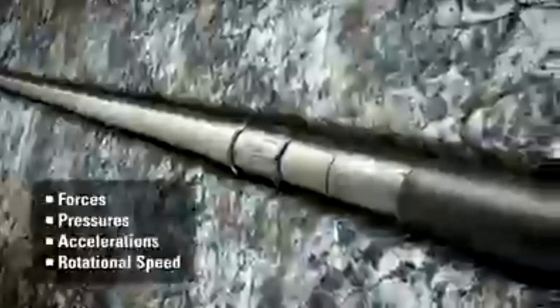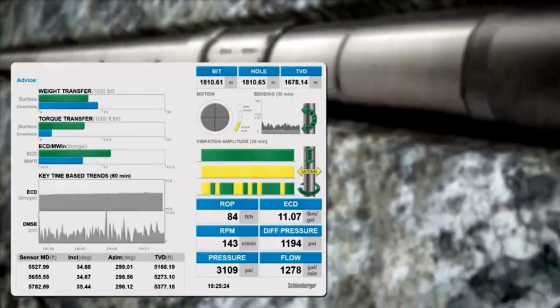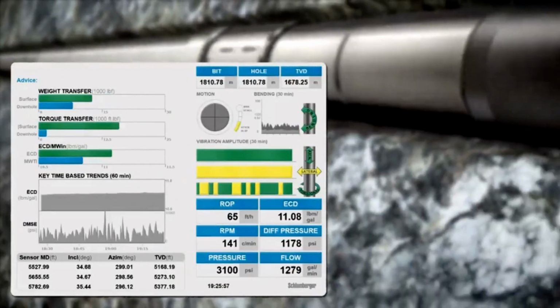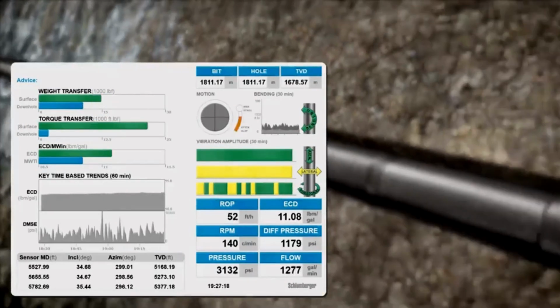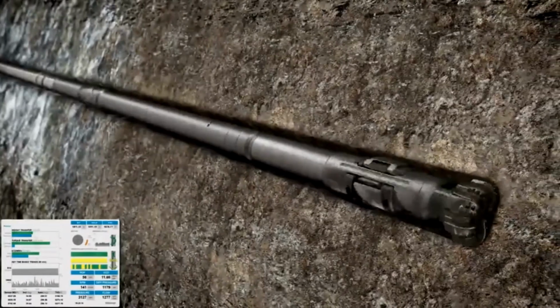This service integrates data from the downhole sub with data from surface to provide actionable information at the rig site. The real-time drilling dashboard helps you optimize drilling parameters and intervene early, reducing the probability and severity of undesirable events.